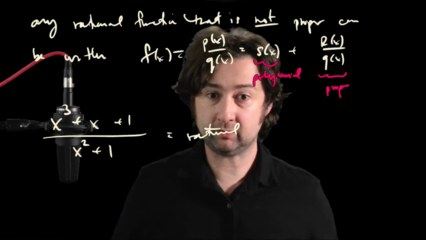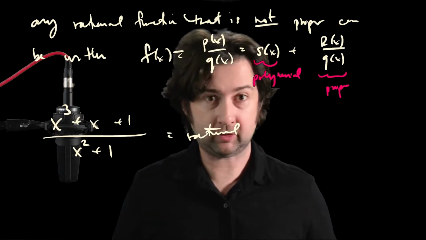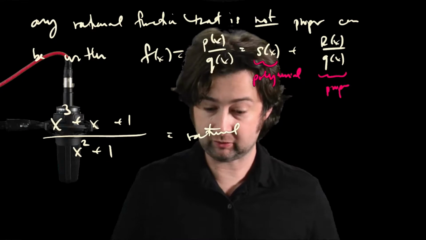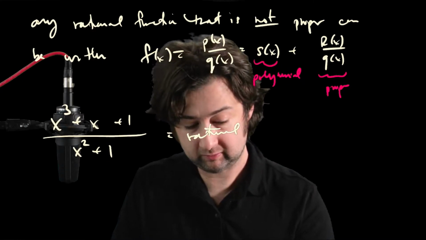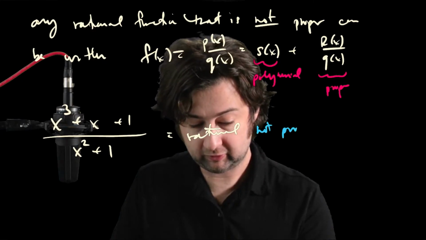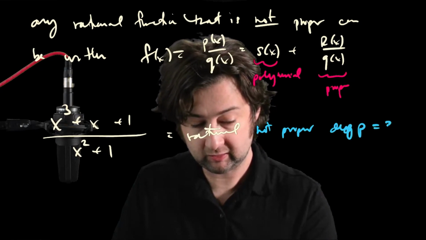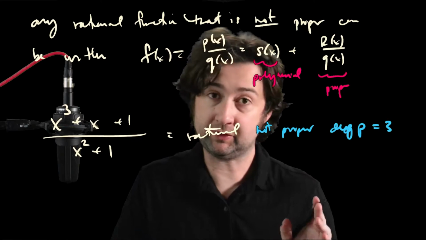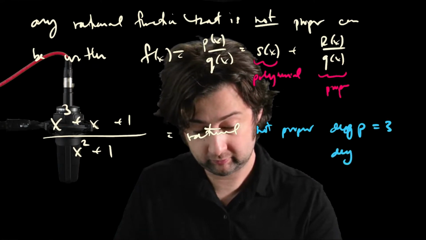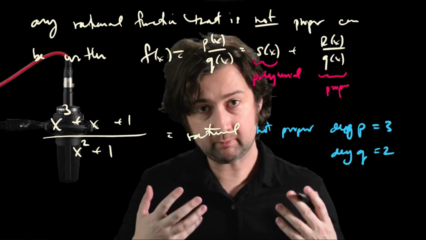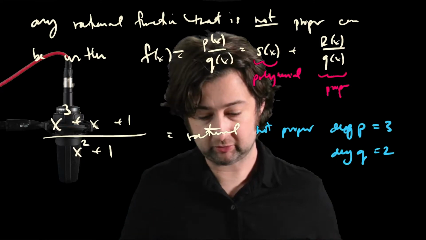Now this is a rational function because the numerator is a polynomial and so is the denominator. And it's not a proper rational function because the degree of the numerator, the degree of p, is 3, but the degree of the denominator is 2. So it's not proper. The way that we're going to make it proper is we're going to use long division.